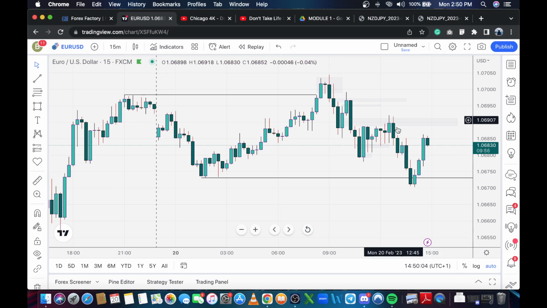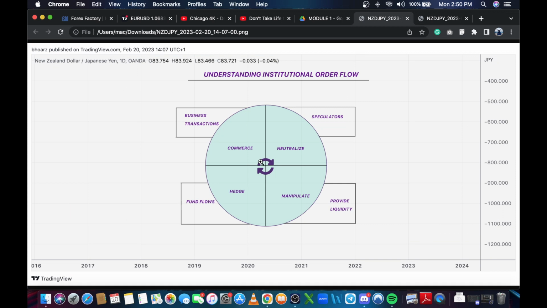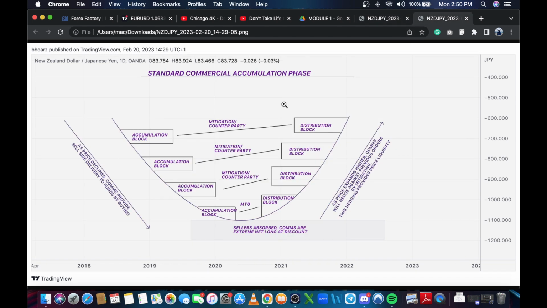That's why the market has to be drawn to these levels. By nature, that is the way the markets are designed. Transactions here, liquidity being created down here by the nature of price running above the short-term high. That's what we have right here. Commerce, neutralize, manipulate, and then hedge, which we're going to talk about on the next slide.